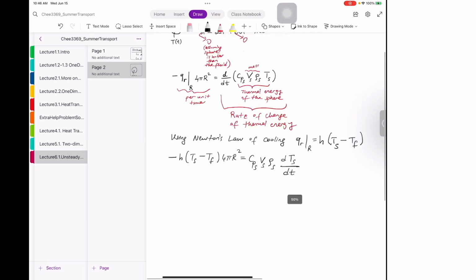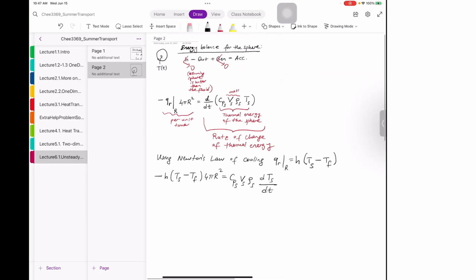There is one thing important here. Imagine that the solid is colder than the fluid, and you're taking in minus out plus generation equals accumulation, and the generation is 0. Imagine that the solid is colder, so it's going to gain energy with time. So there's going to be input, not output.